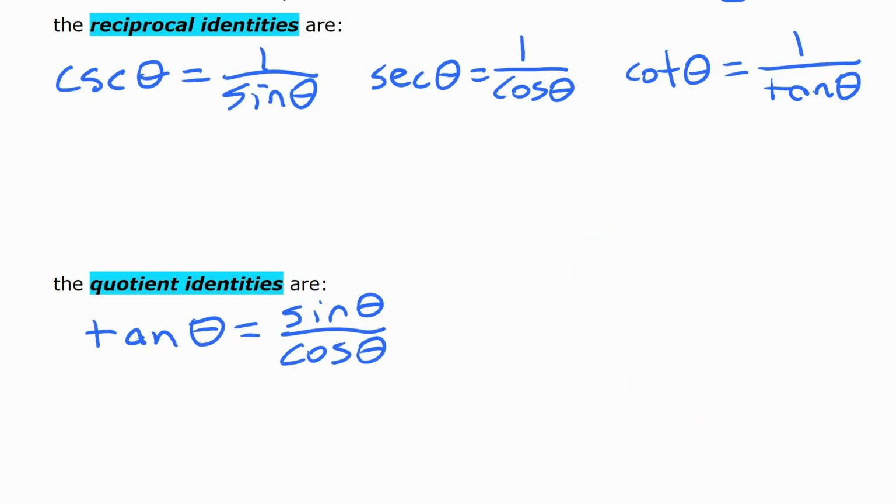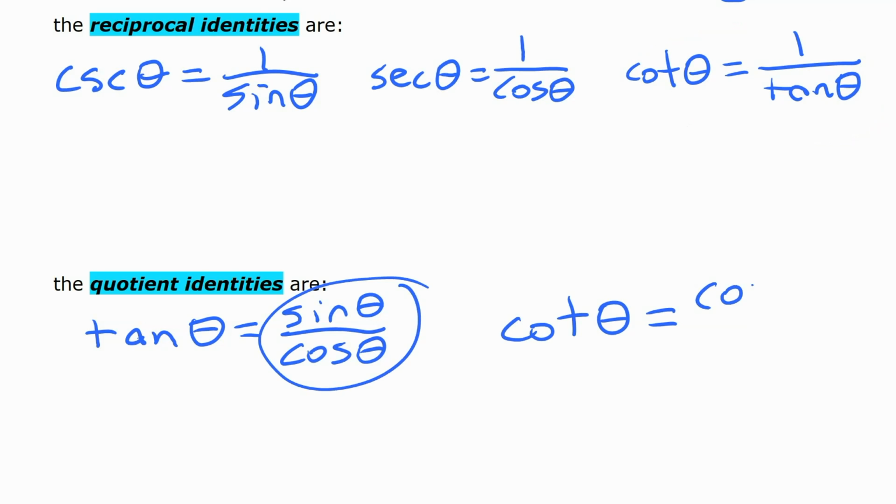And there's a similar one for cotangent. Now the one for cotangent we can generate just by looking at what we already have. We've just seen that tangent is sine over cosine, and we know that cotangent is the reciprocal of tangent. So the reciprocal of sine over cosine is cosine over sine. So that's the other quotient identity.